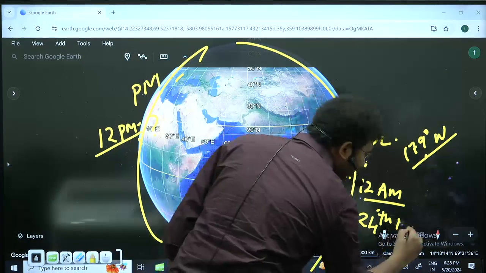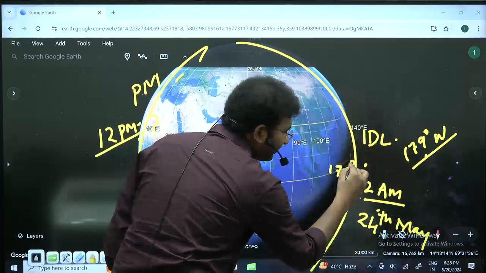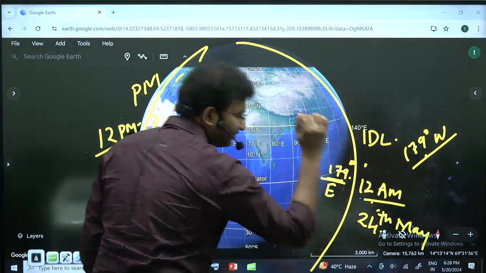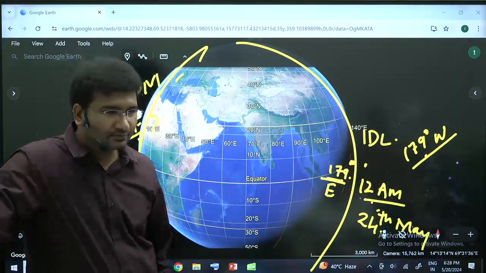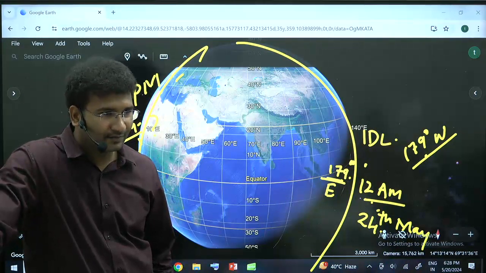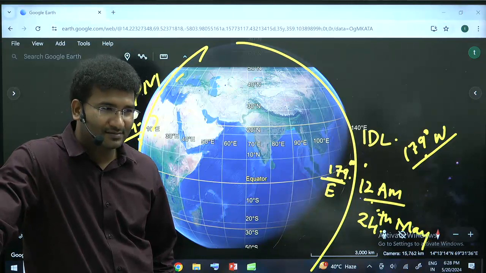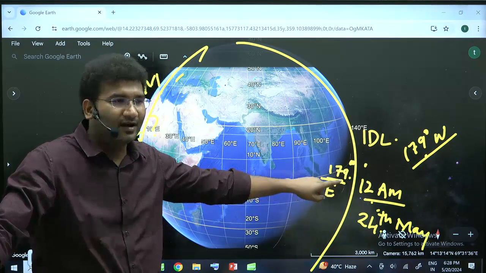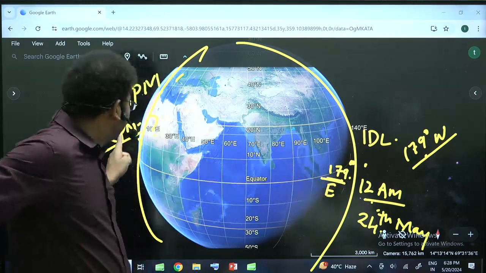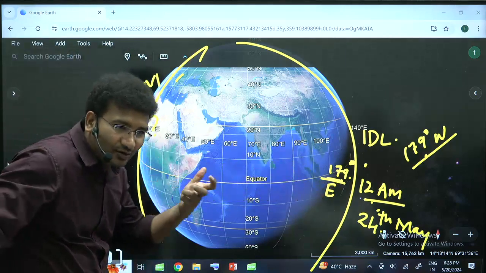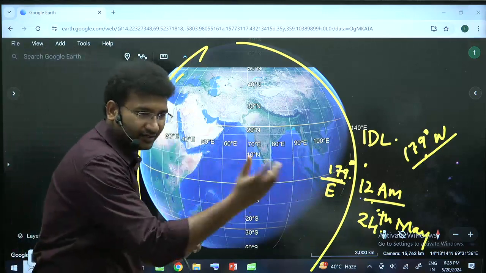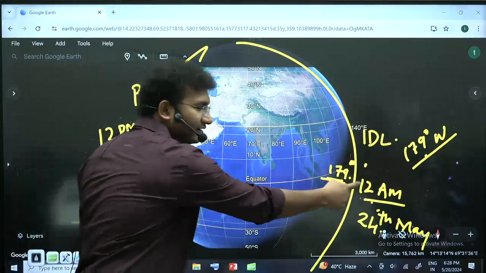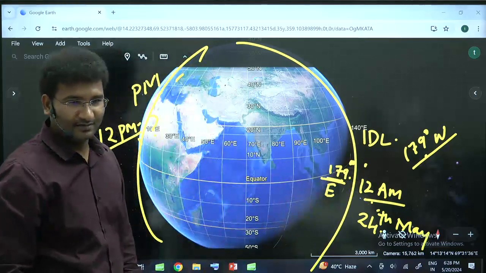Okay, let's consider this is 24th May. At 12 a.m. on 179 degrees east, 24th started. Okay? Here 24th started. Now slowly, this is 12 p.m. Earth starts to rotate. Now when this part of the position will come here, it is 12 a.m. there. 24.